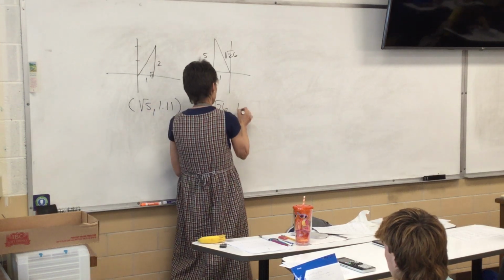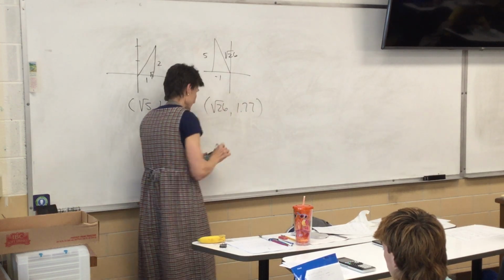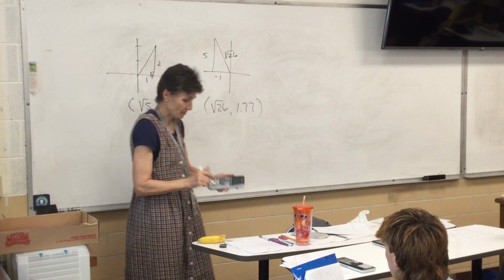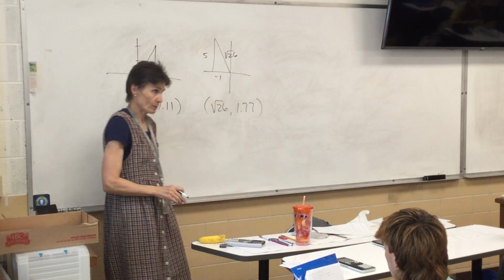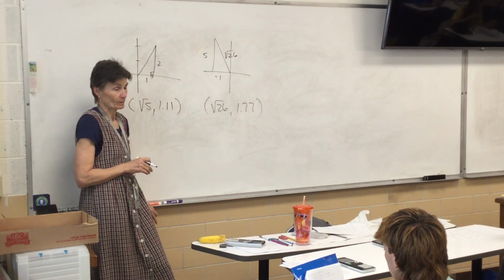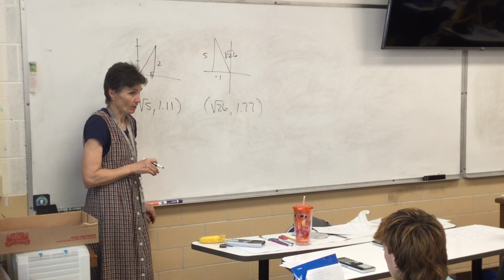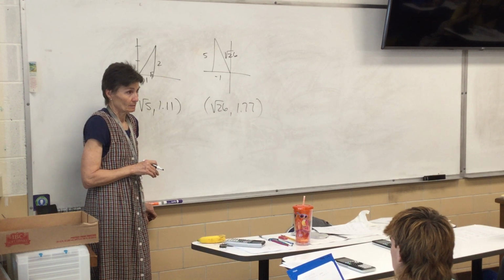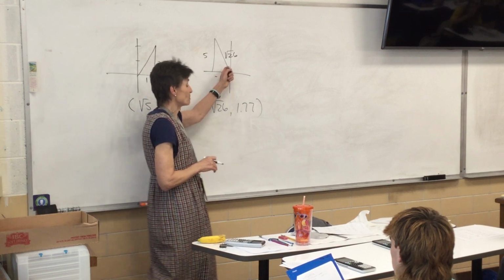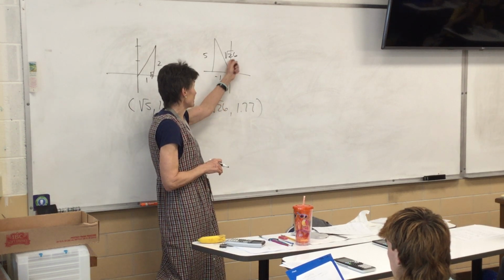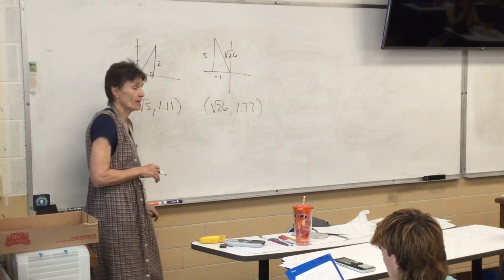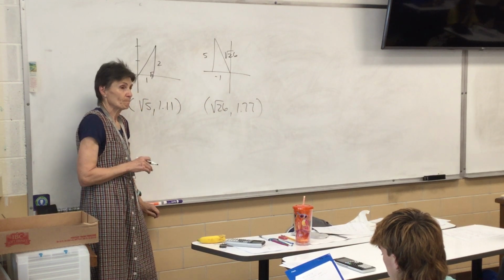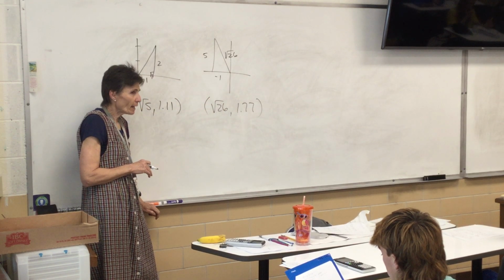So I got 1.77. Now look at that. I know that's not the answer to the question, but does that make sense to you so far? Inverse tangent 5 gives me this angle right here. Subtract it from pi. That's how I get my direction angle, my theta.